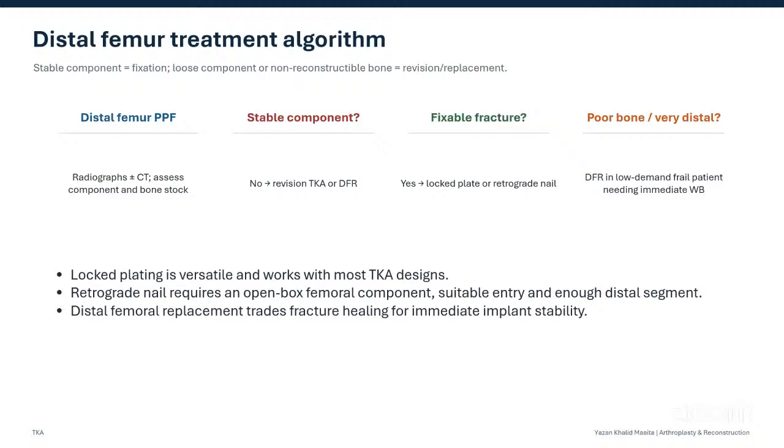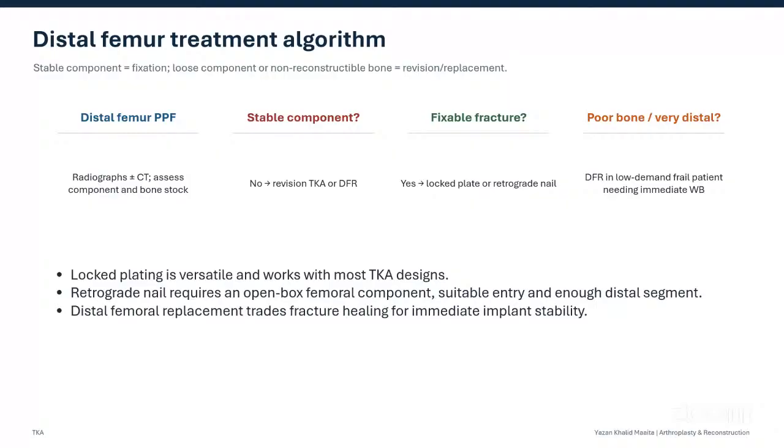The distal femur treatment algorithm we can use starts with: where is the distal femur fracture? Do radiographs and a CT scan to assess the component and the bone stock, where the fracture line is, whether the component is stable or not, whether it can be fixated or not, and the bone stock.